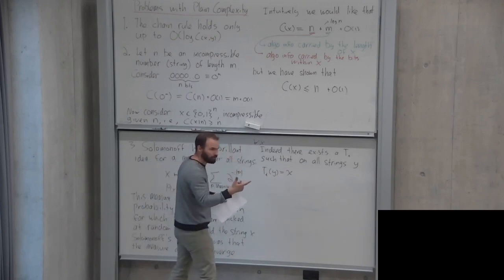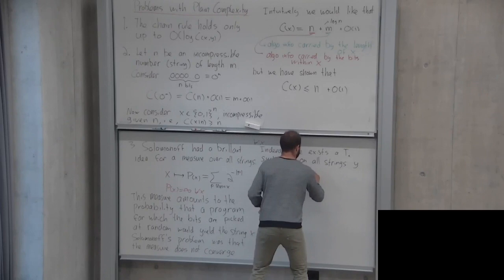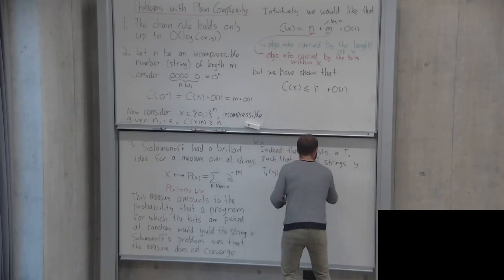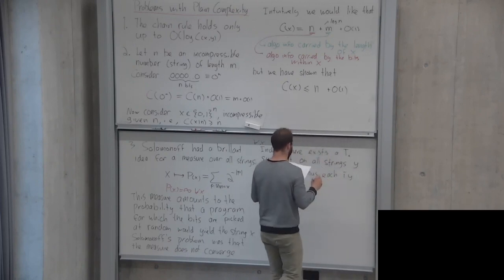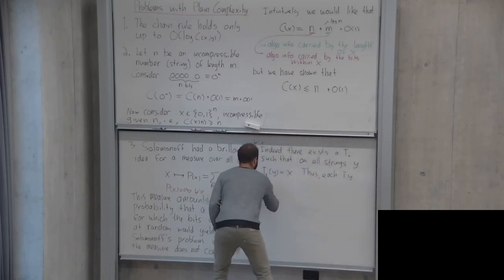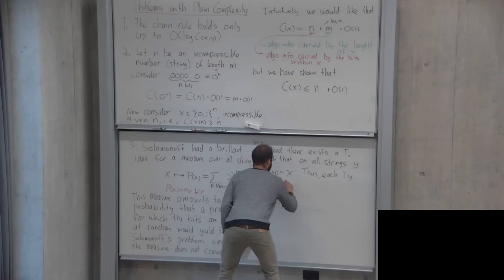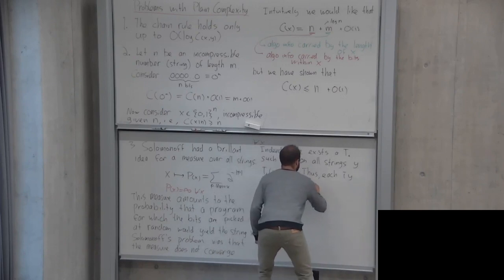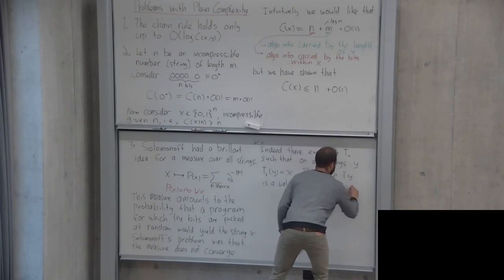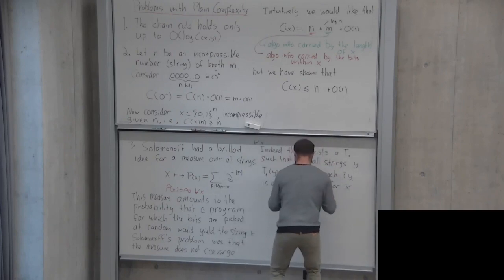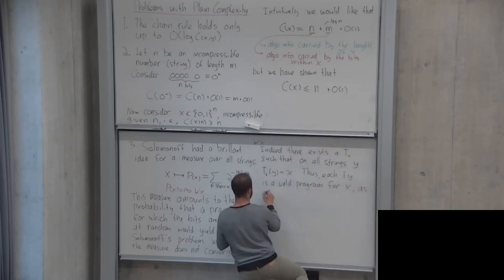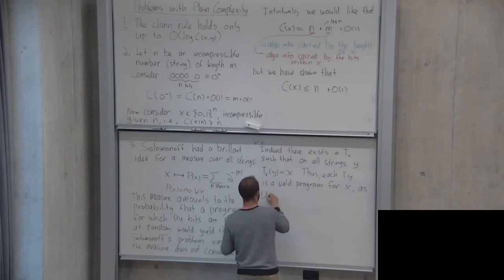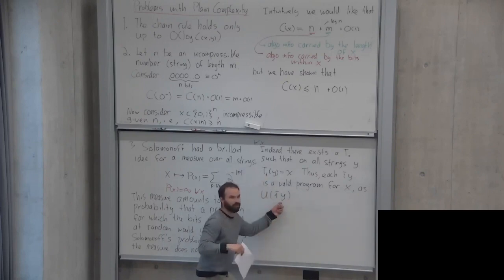Thus, to translate this for the universal Turing machine, each i-bar y is a valid program for x. By which I mean, U of i-bar y, which is our encoding for the input of the universal Turing machine.